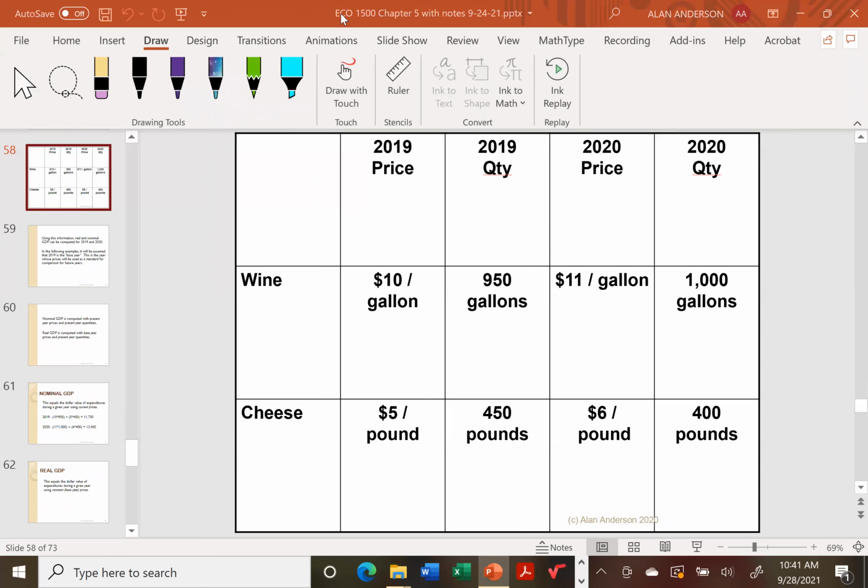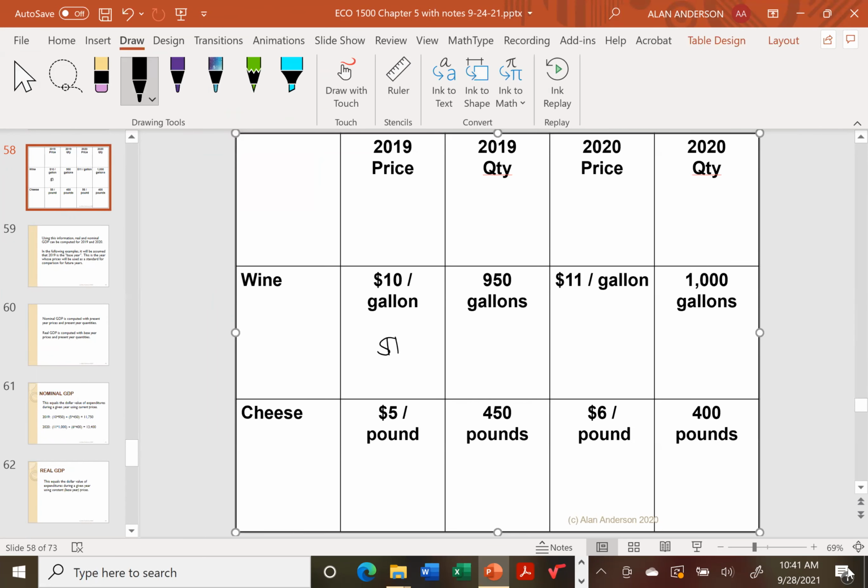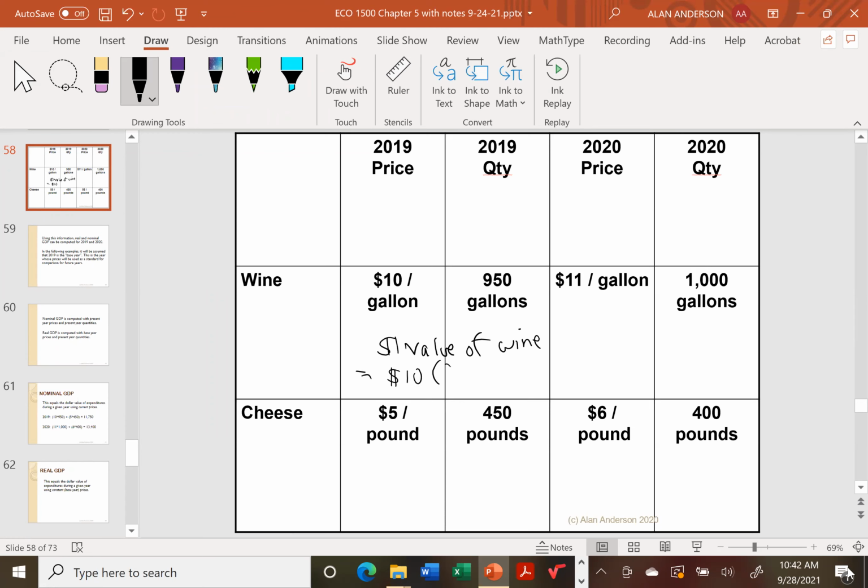So in other words, we want to calculate the dollar value of the wine. And that equals $10 times 950, which is 9,500.